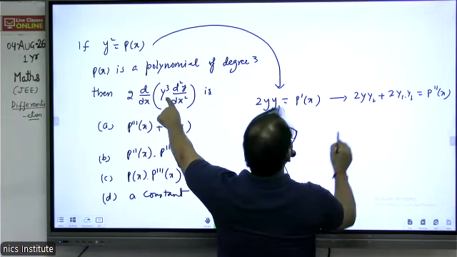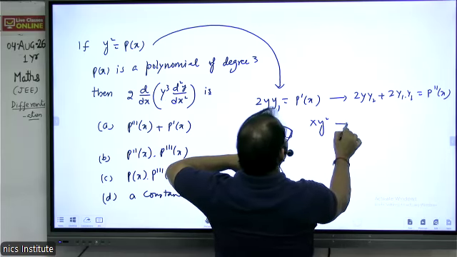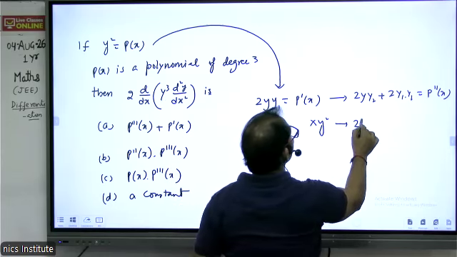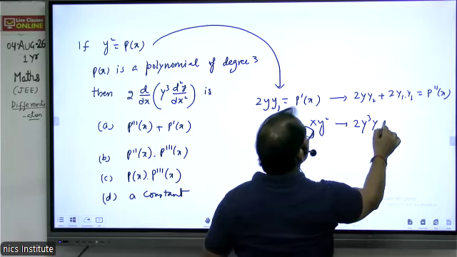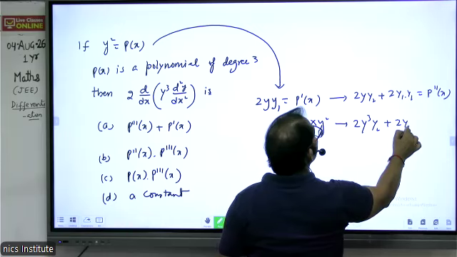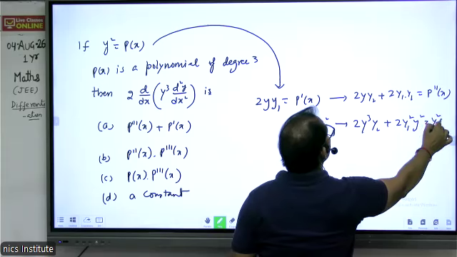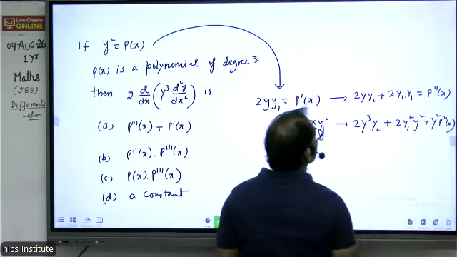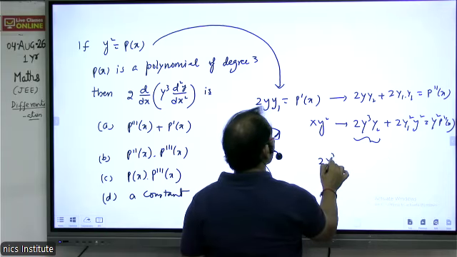I want y cube, so I multiply this equation by y square, so 2y cube y2, I get this term now. Plus 2y1 square y square p double dash x. I want this term, just 2y cube y2.